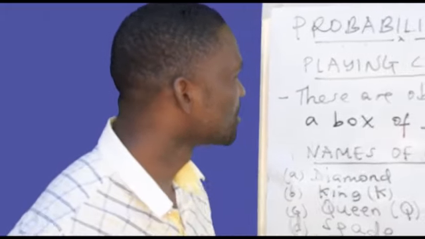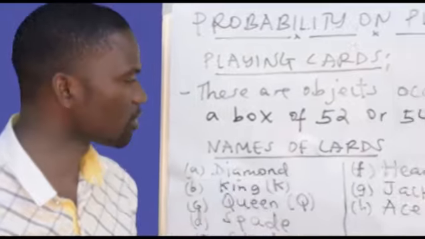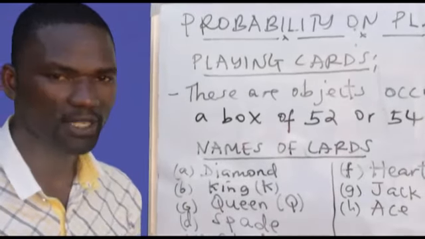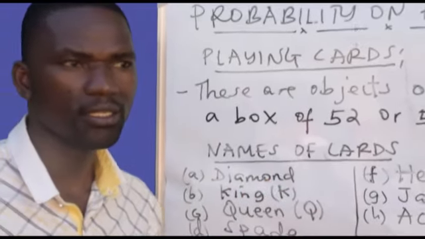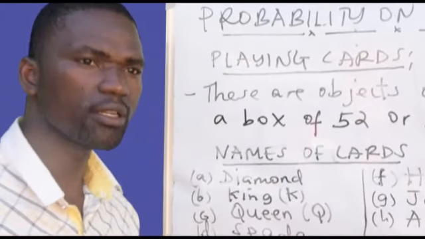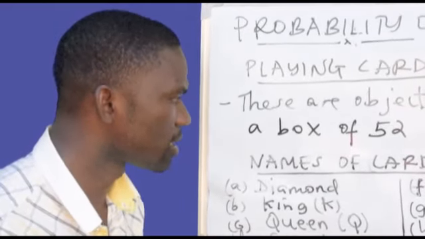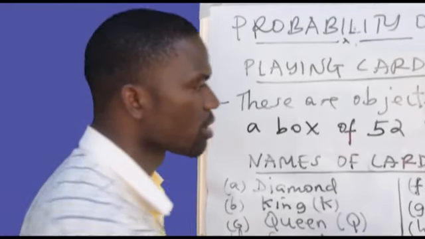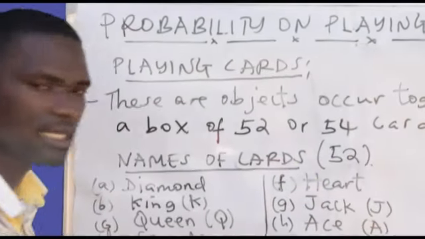These playing cards have a lot of names, one card after another. They are named and specified, each with its own name. So we've got names of playing cards here, and here I'm going to go with a pack of 52 cards.